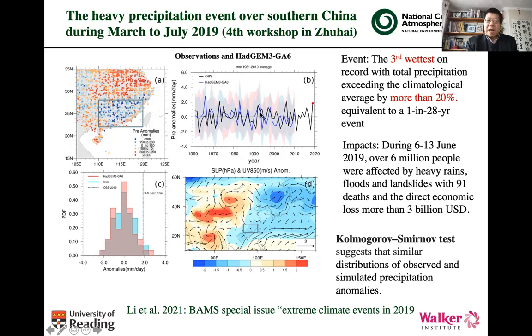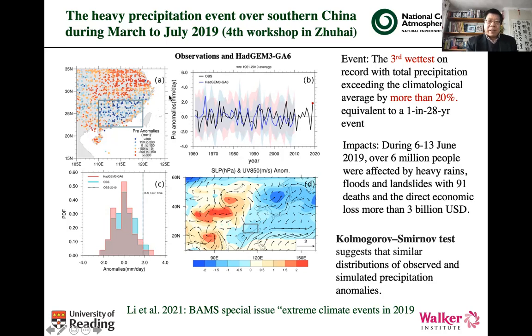Here is a time series of observed precipitation during that extended season. The black line is observation, the blue line is model simulation, and the shading is the uncertainty from model simulation. You can see the model generally captures, for example, the interannual variability of this extended season precipitation, and 2019 is the third wettest on record.